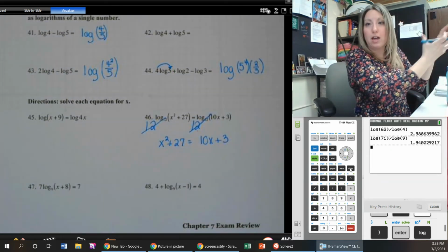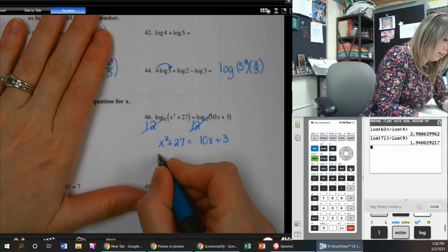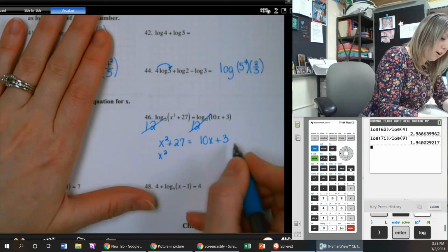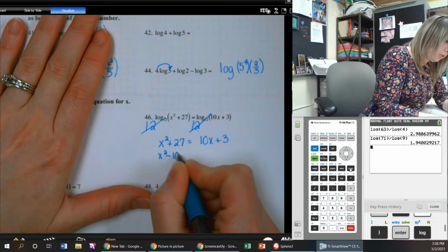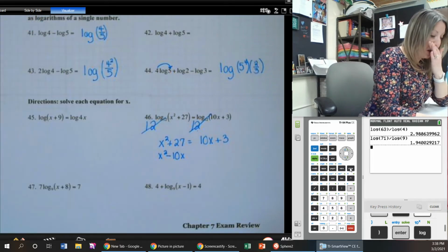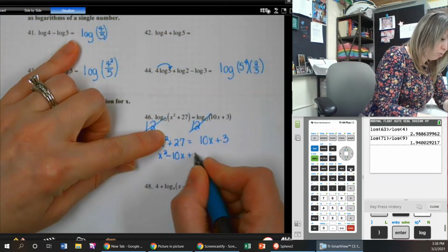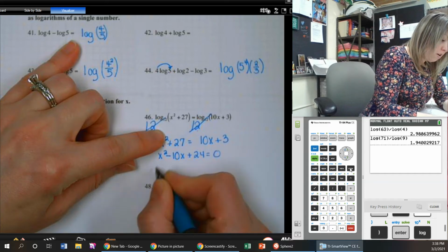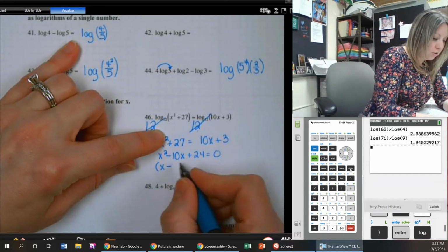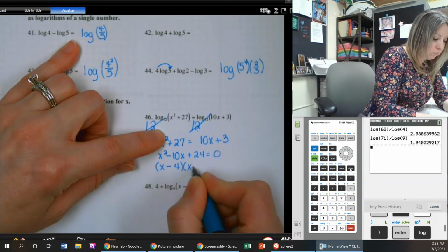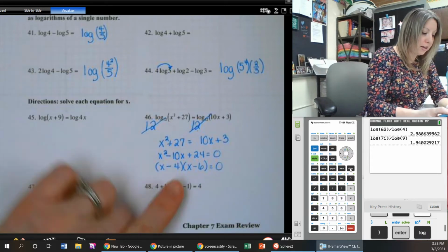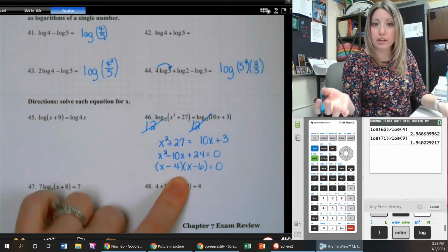Now, bring that stuff over to the other side of the equal sign. Because you've got an x squared, it all goes on one side. So it's minus 10x and then subtract 3, so plus 24 equals 0. (x minus 4)(x minus 6). So what are my answers for x? 4 and 6.